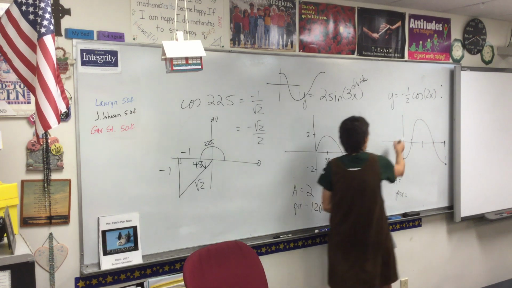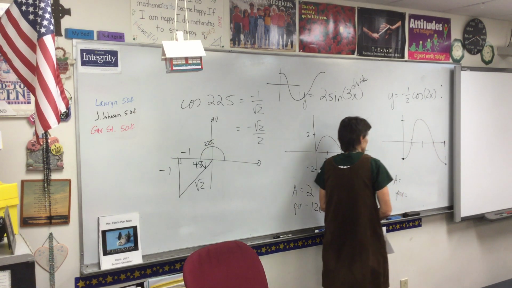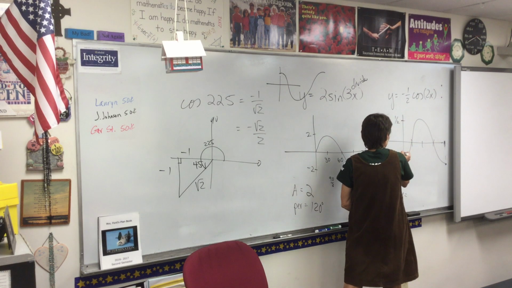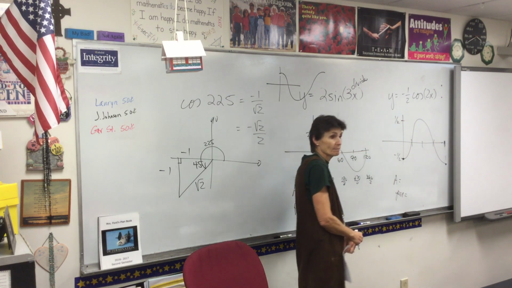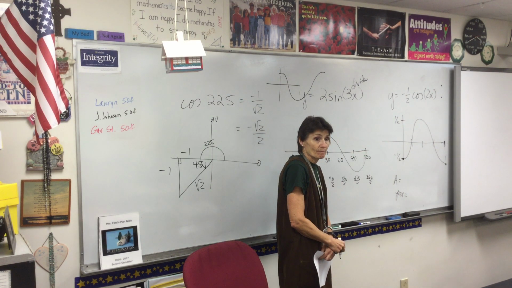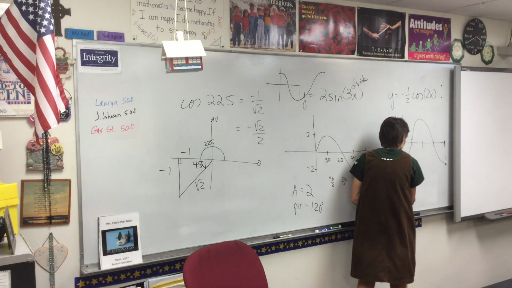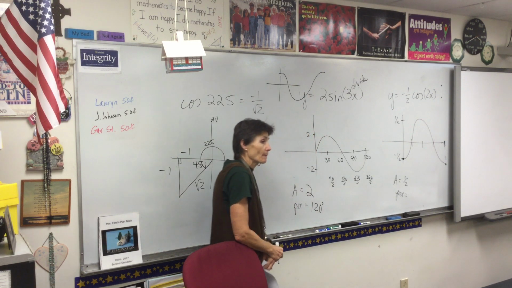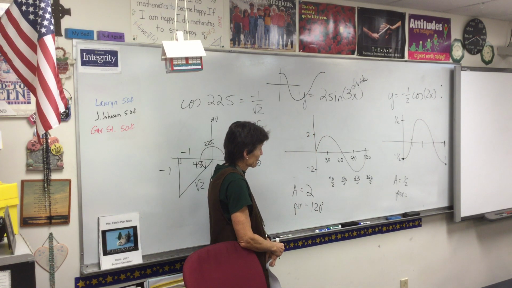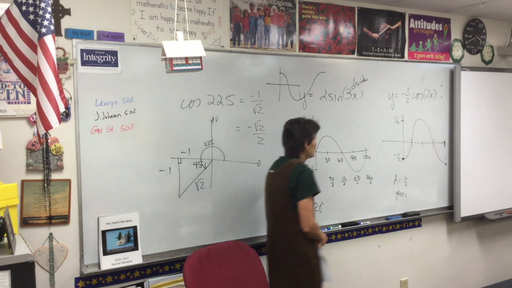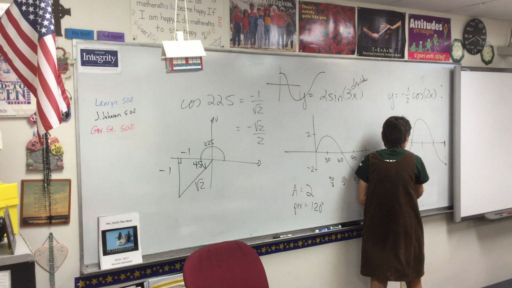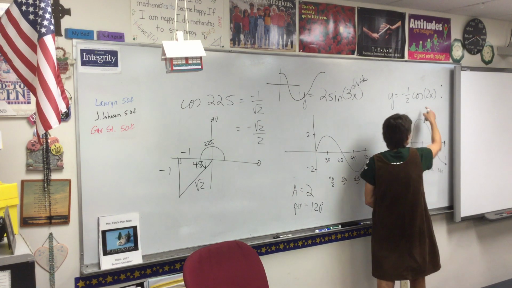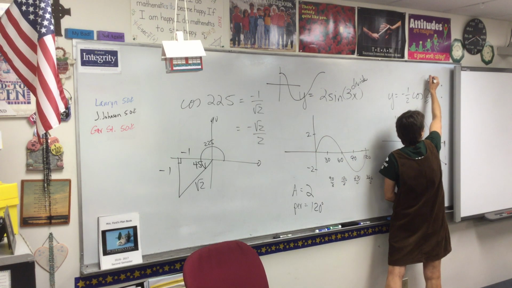All right. Amplitude is supposed to be 1, but I put a 1/2 out there. So are you okay with those labels? And the amplitude is a 1/2. Please don't put negative 1/2, it's a 1/2. These labels are supposed to be 90, 180, 270, 360. But what am I doing here?